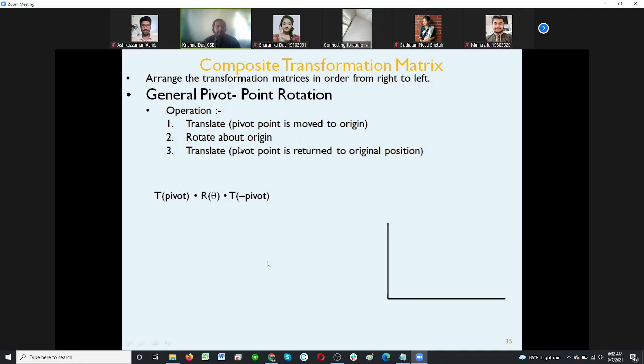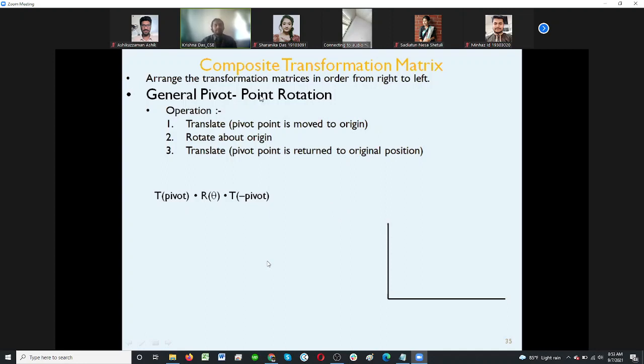Usually, what we have seen is that for any object, its rotation is considered on the basis of its origin. So it's up to its origin that you do your rotation.